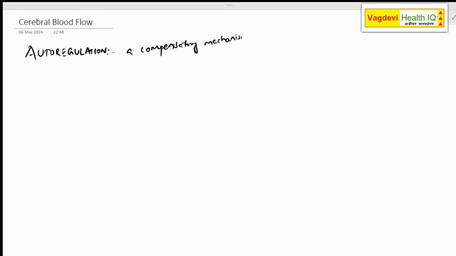A compensatory mechanism which permits fluctuation in cerebral perfusion pressure without altering cerebral blood flow significantly.